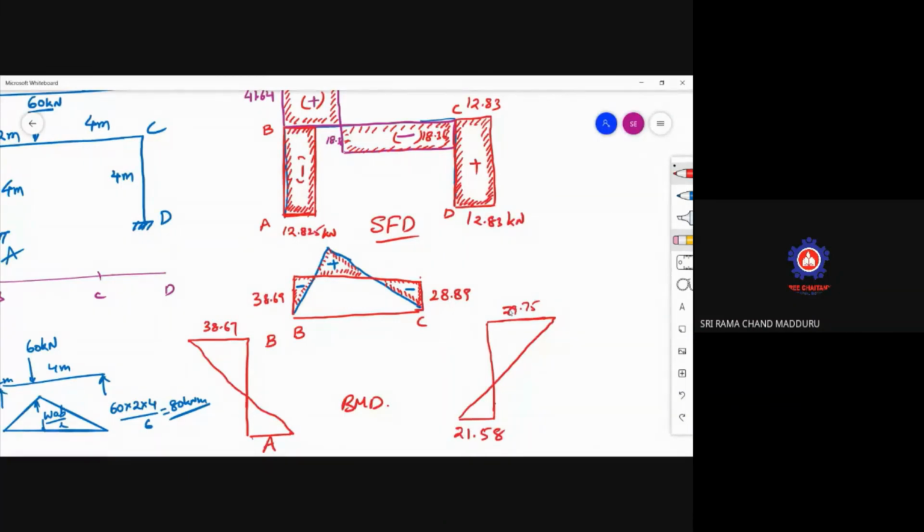So be careful while mentioning the bending moment diagrams. If this is completed, now we'll go to another problem. This is the hatched question, you have to hatch it.